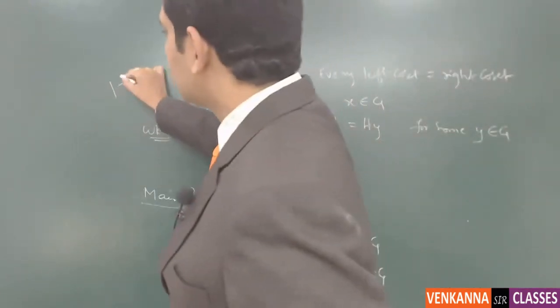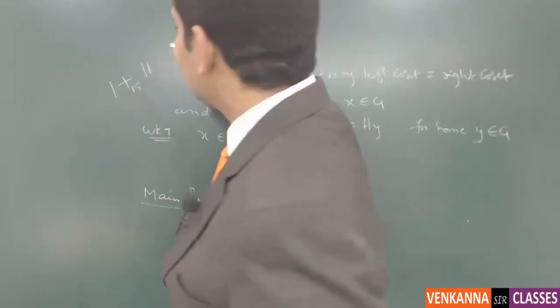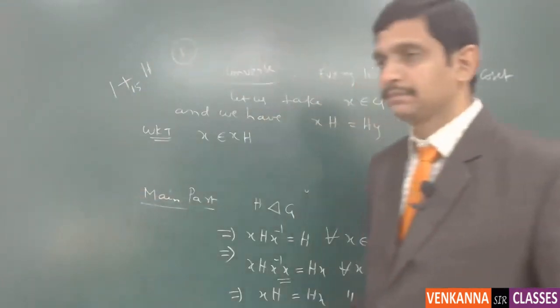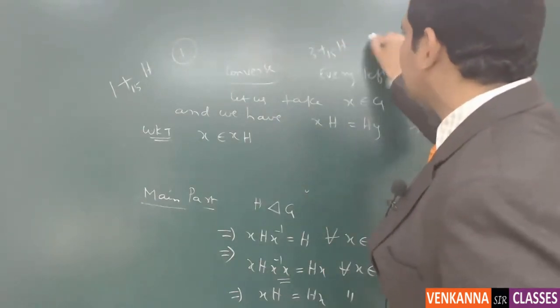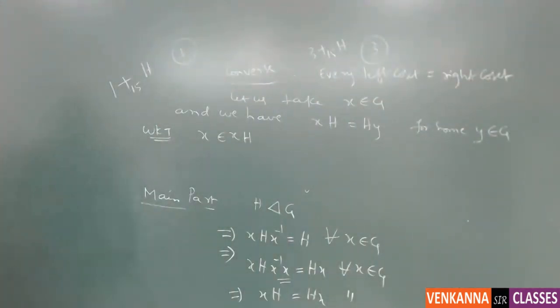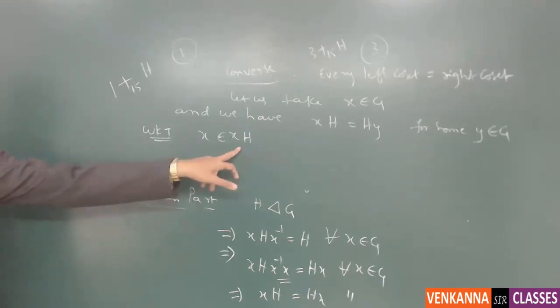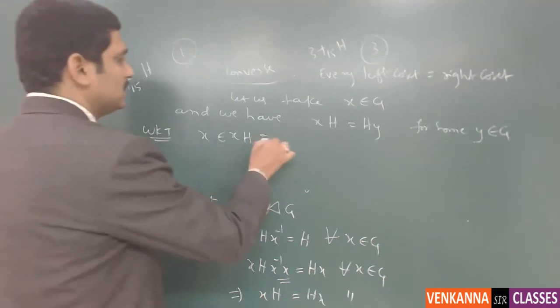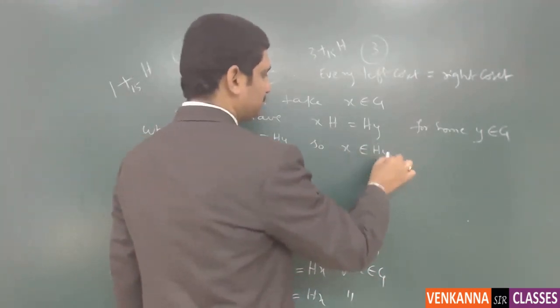Suppose you have taken the coset 1 plus 15H. This coset always contains the element 1. If you take the coset 3 plus 15H, it always contains the element 3. Could you check on that, all of you? So we know that x belongs to xH and this is equal to Hy. So x belongs to Hy.